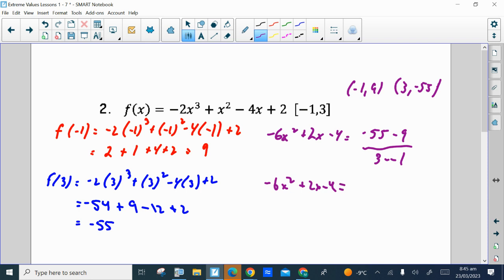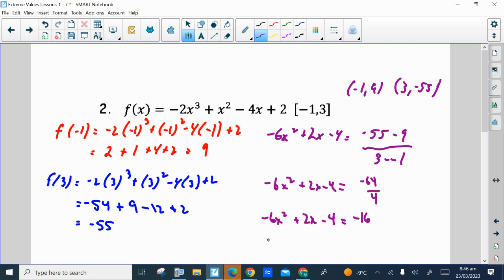So negative 55 take away 9 is negative 64 over 4, which is negative 16. Right, that's the slope of the tangent, which is also the slope of the chord.